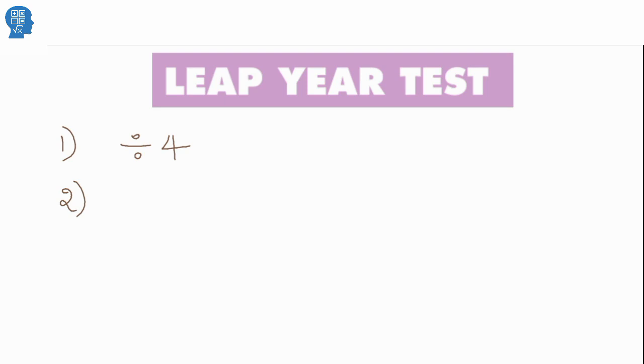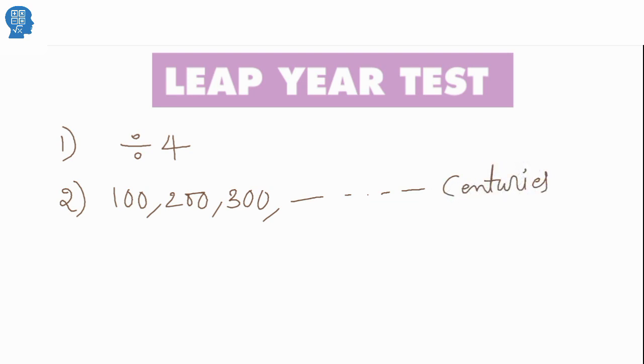Centuries are the years, for every 100 years we can call it a century. So centuries are 100, 200, 300, 400, 500. These are all called centuries. All centuries are not leap years. If you take a century, that should be divisible by 400. These 2 points we have to consider.